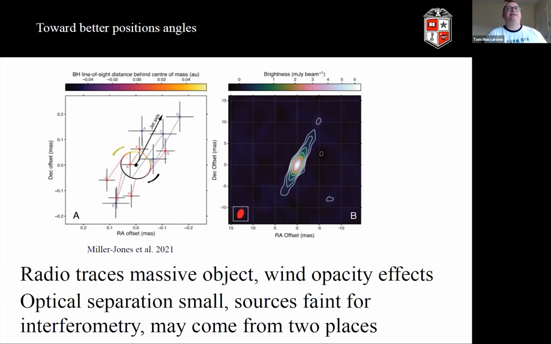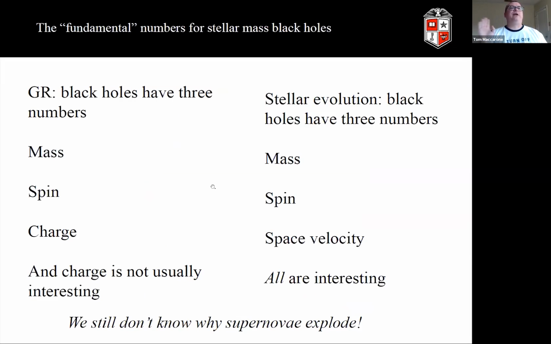There are also some wind opacity effects on the radio positions that are kind of illustrated in this figure that can make it hard to do this even in systems like Cyg X-1. And the optical separations are really small, and the sources are kind of faint for optical interferometry. And then the other problem is that if you try to do the optical emission when the optical is bright, you're going to get some mixture of optical light from the accretion flow and from the donor star, and you have to figure out how to account for that. So I don't have a quick answer for that issue, but I think it's something that we need to think about in order to interpret the polarization data properly.